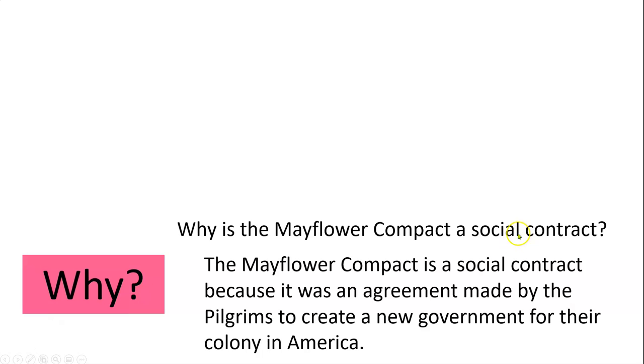Now, notice that we're putting the definition of social contract here. The Mayflower Compact is a social contract. What's a social contract? It's an agreement made by people to make a government. That's what the Mayflower Compact was. It was an agreement made by the Pilgrims to make a government. So, the Mayflower Compact is a social contract.